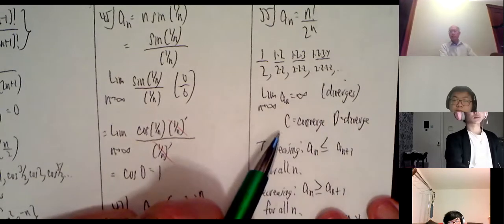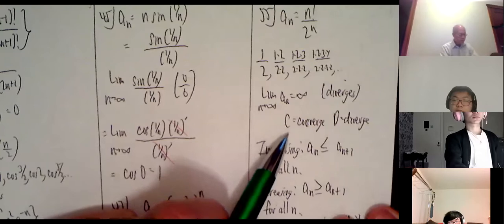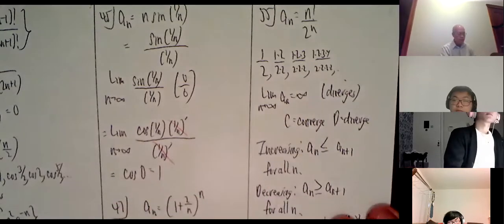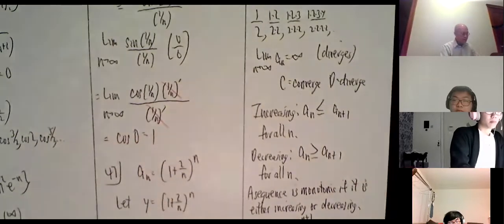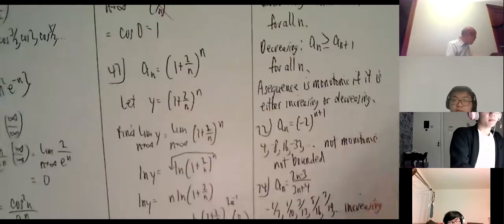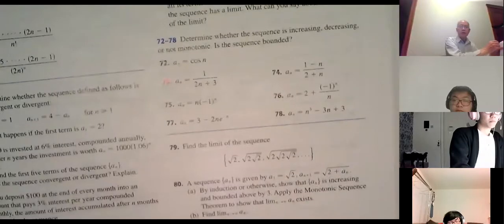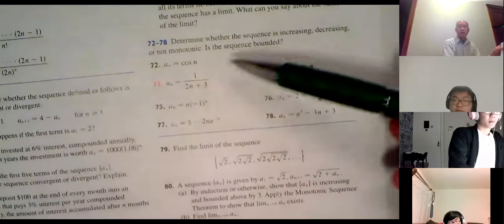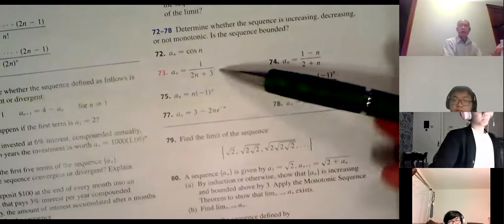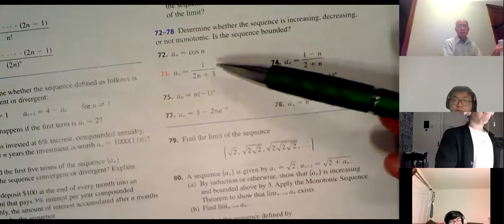Again, here's my abbreviation. I'll use C for converge, D for diverge. So for the problems at the end, 72 through 78, show you the directions. The problems might not match, but just the idea. Increasing, decreasing, or not monotonic. So not monotonic means sometimes it goes up, sometimes it goes down.